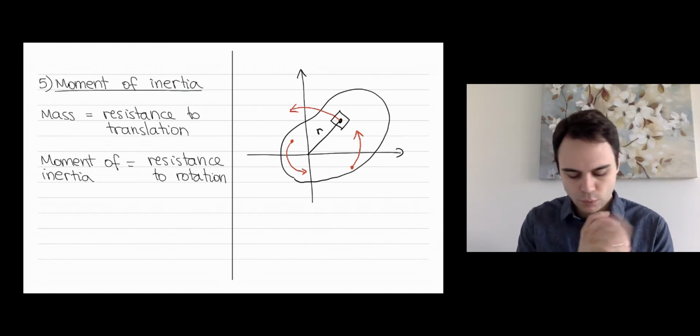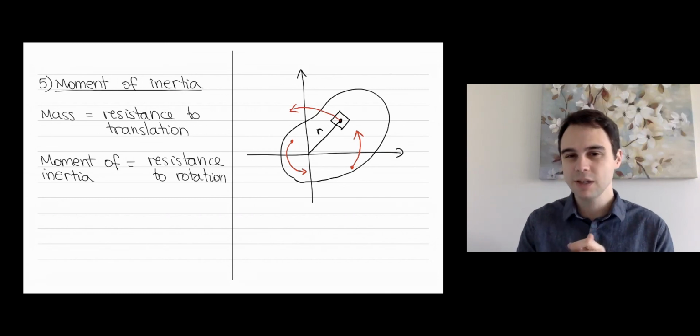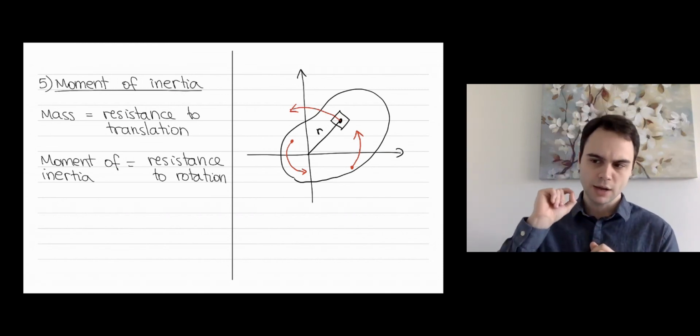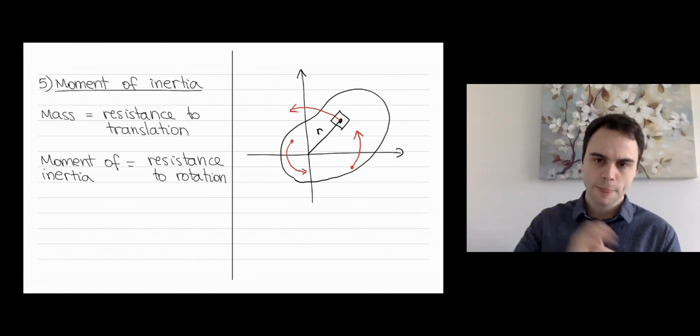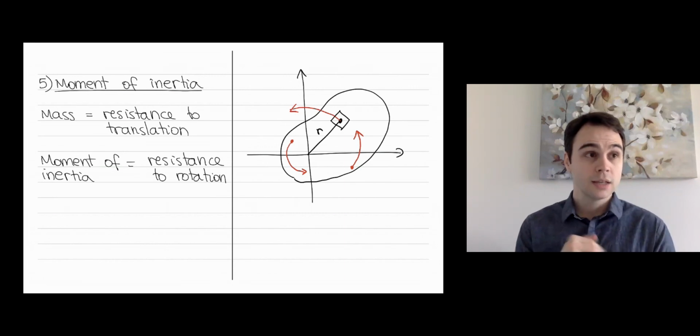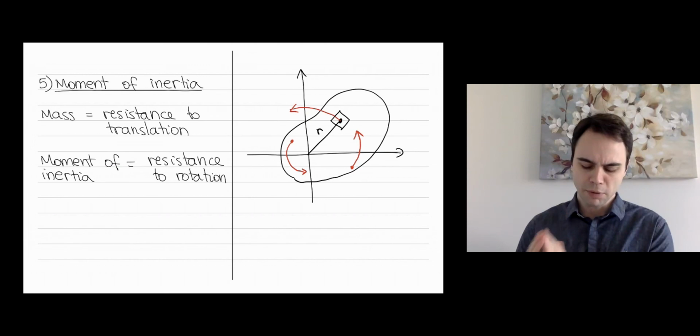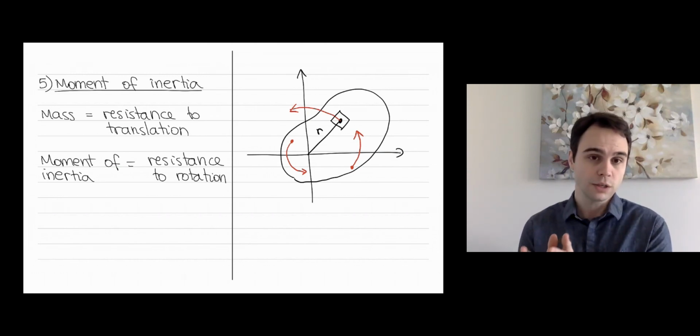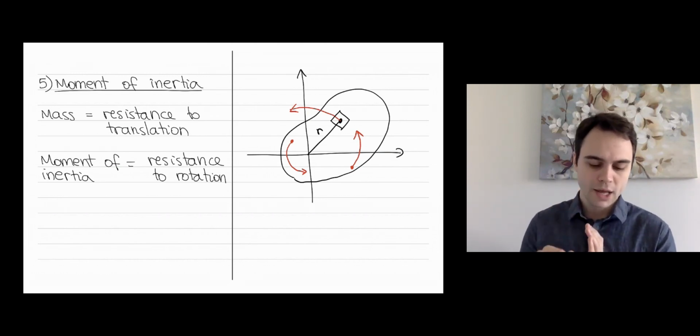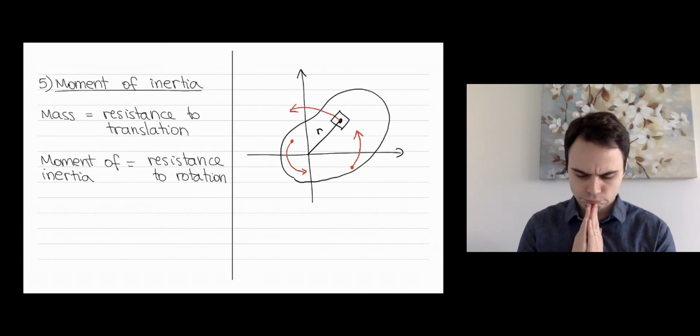Another way to understand the same thing is to imagine that you have an object moving at speed v. Then the kinetic energy of the object, the amount of energy you have to impart to get it moving at speed v, is 1/2 m v squared.